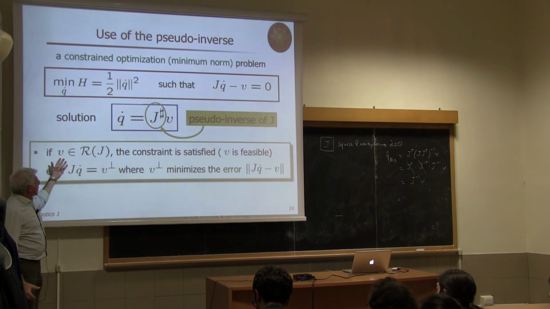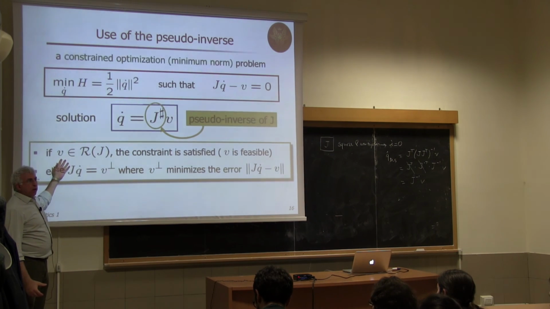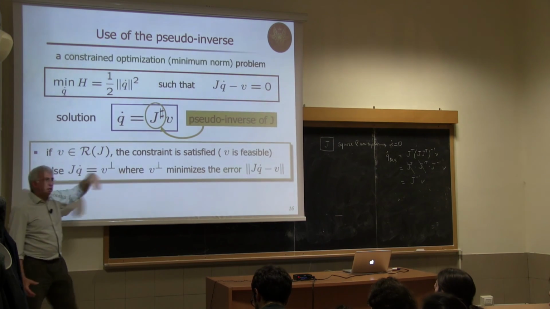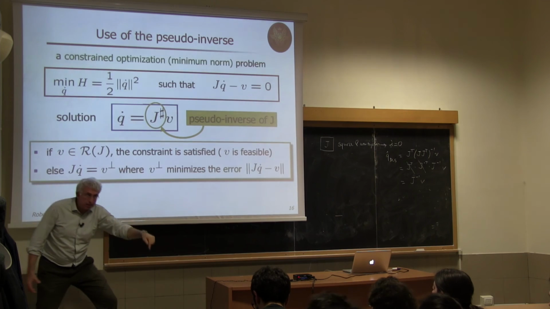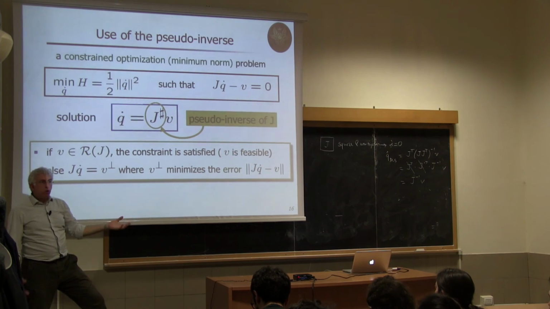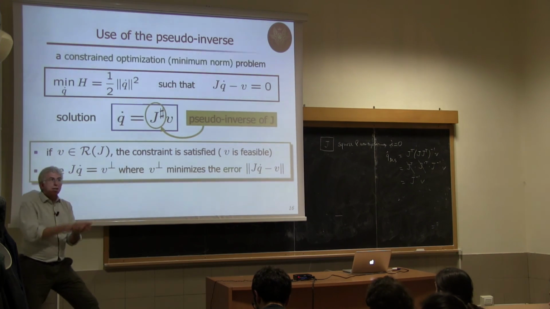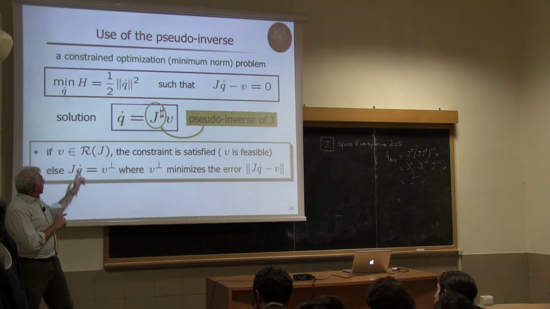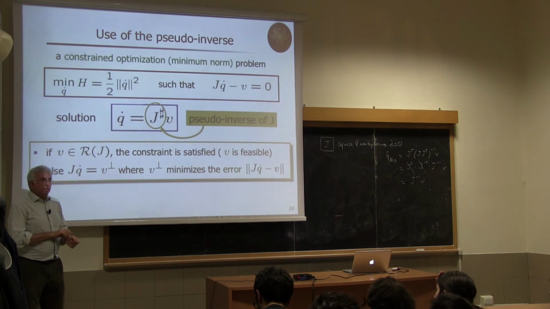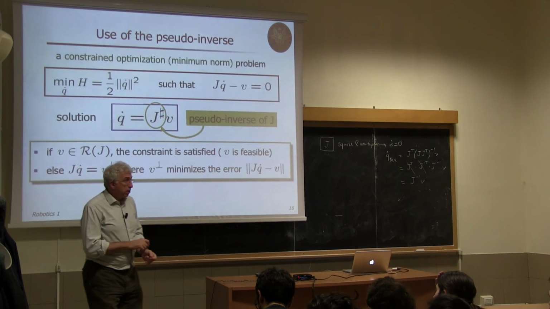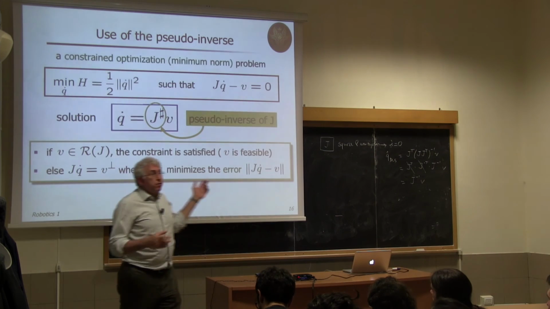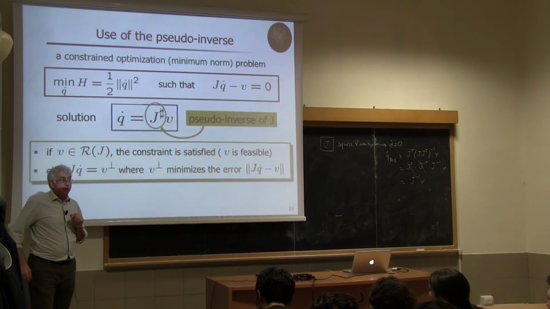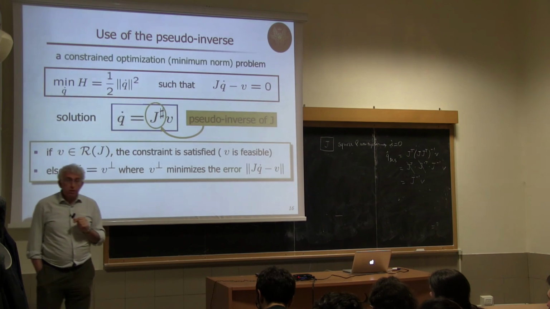So what happens if we have a loss of rank? So either the Jacobian is square but singular, or is non-square but again singular, so the rank is not full. Then there are two cases. Either v belongs to the range of J, so it's feasible, then you cannot invert the Jacobian, but you can pseudo-invert the Jacobian, and you will realize exactly this velocity.